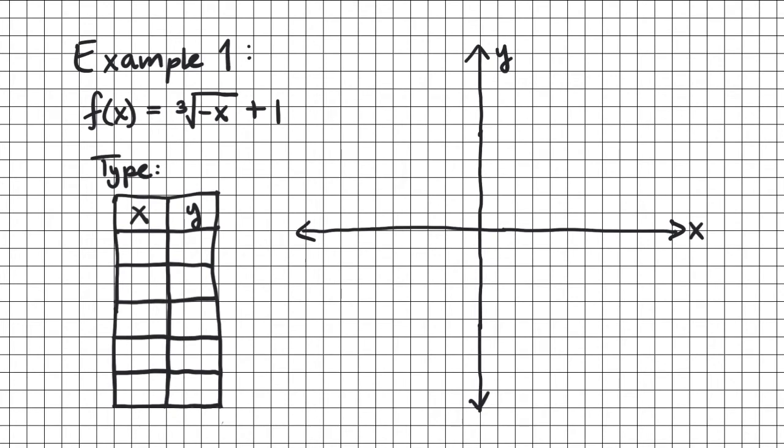Okay. What we have here is, let's first figure out what type do we have, right? We have a cube root. The values for a cube root: -8, -2, -1, -1, 0, 0, 1, 1, 8, 2.